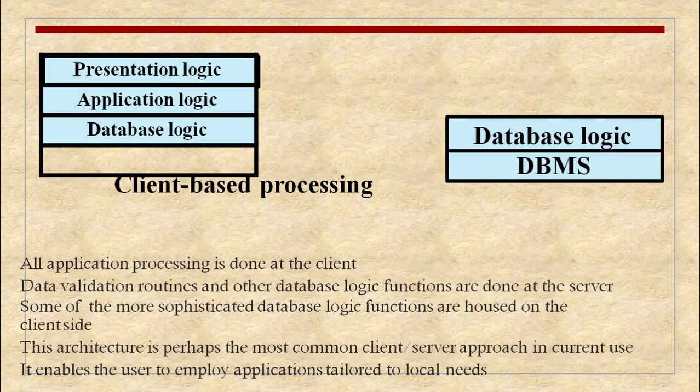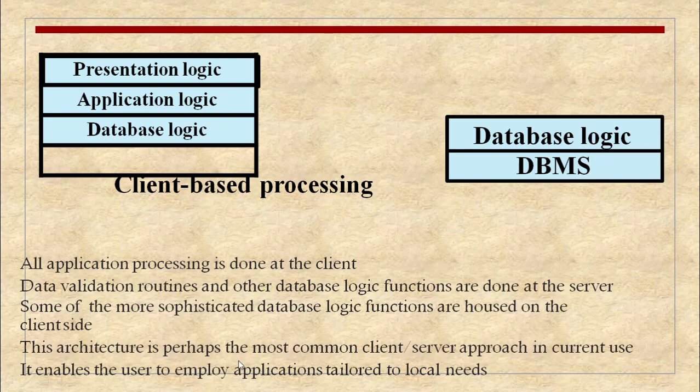Client based processing. Under client based processing, we are going to see database logic, application logic, presentation logic. All the application processing is done at the client. Data validations, routines and other database logic functions are done at the server. Some of the more sophisticated database logic functions are housed on the client side.